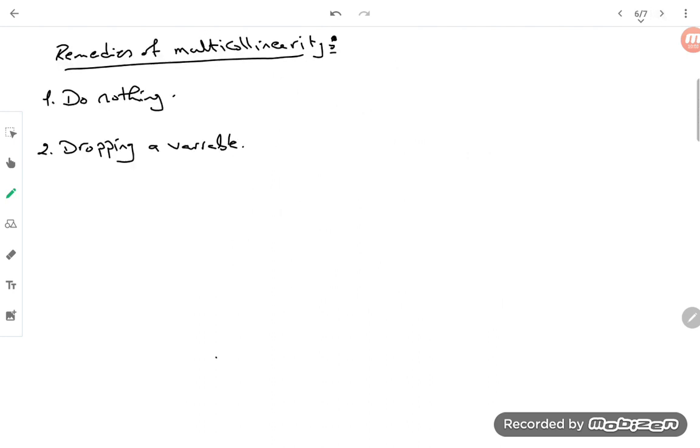Number three, variable transformation. Take an example of a Cobb-Douglas production function. If you would like to estimate this Cobb-Douglas production function, actually this is a non-linear model in variables, not in parameters, and we can estimate it using OLS, but after converting it to a linear form.